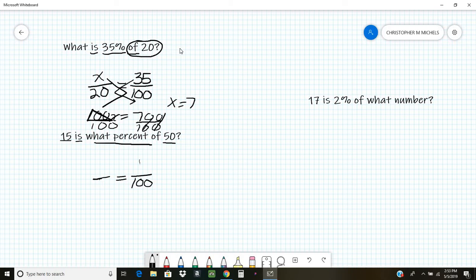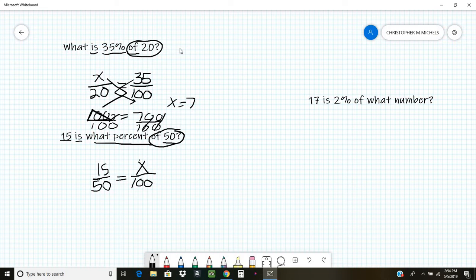They said what percent, so I automatically know that the x goes over 100. Now we look at this one, they said of 50, so that's the total we're trying to find, because they're saying what percent of a bigger total. So 50 goes in the bottom corner here, and then 15 is the part we have, so we put 15 on top.